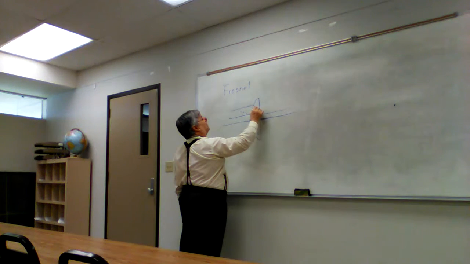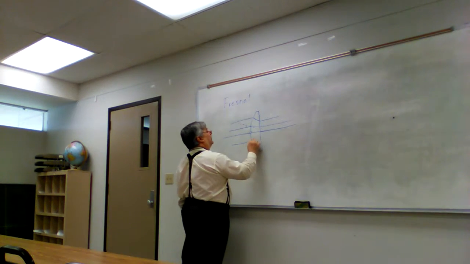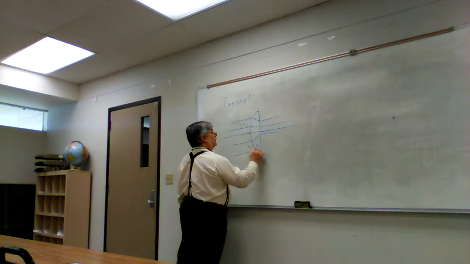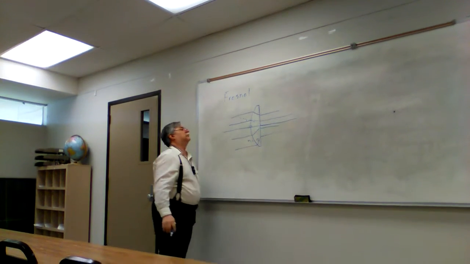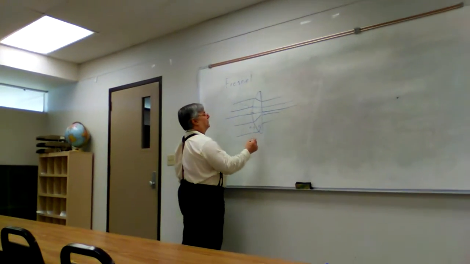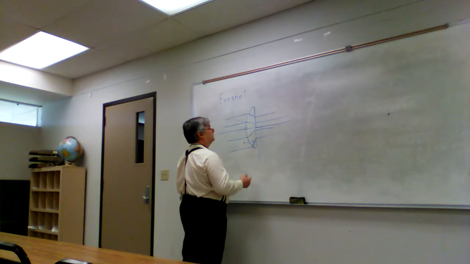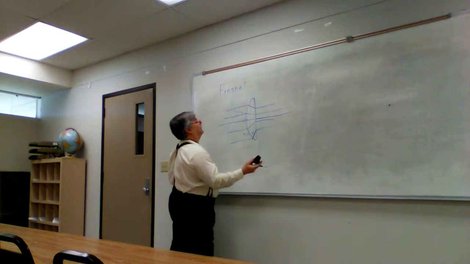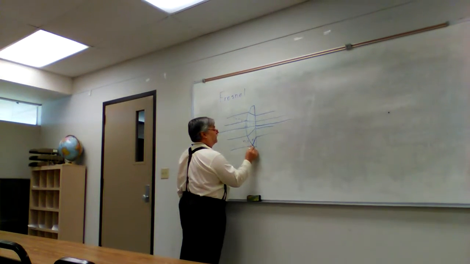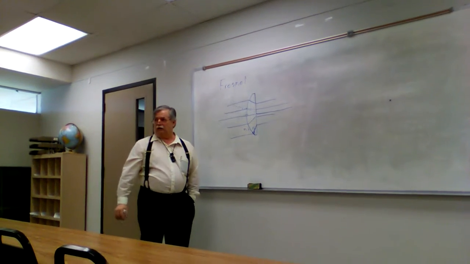But right here, the further away you get, the more the light gets bent towards the center. Does it really matter how far it passes through here? What Fresnel did was he said, well, let's take this little chunk of the lens and cut it out.